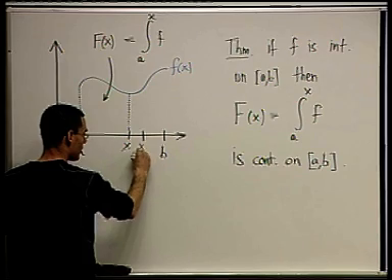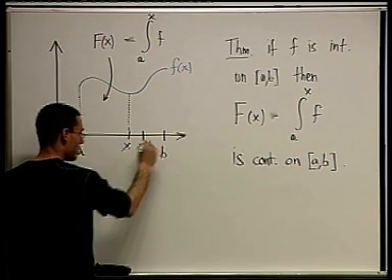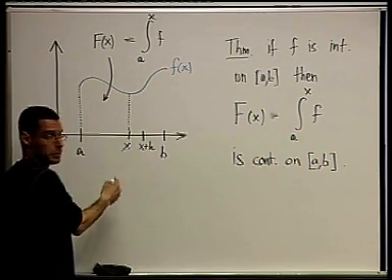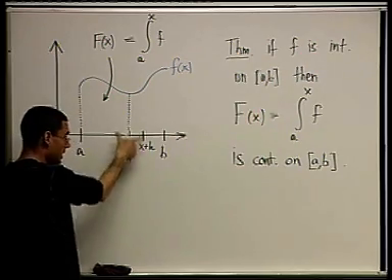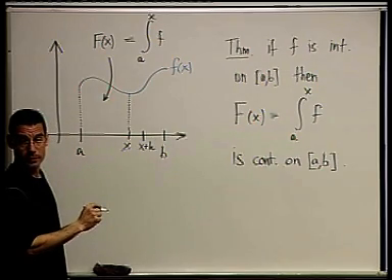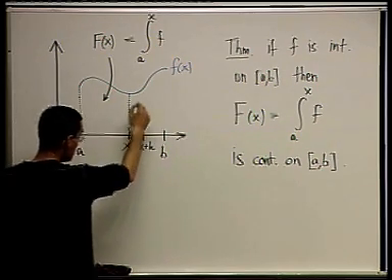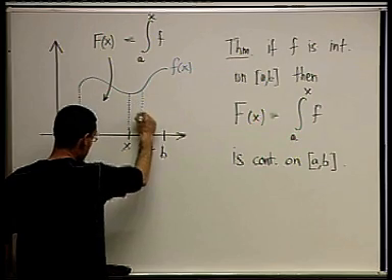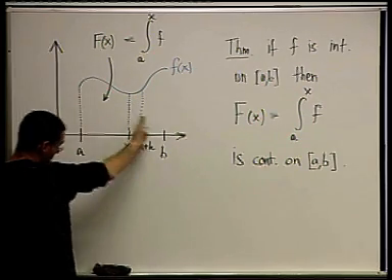Let's look at x plus h. I moved just a bit from x. I'm making it big so you can see it from back there, but I just moved a bit. Okay? So, what is the area all the way up to here?